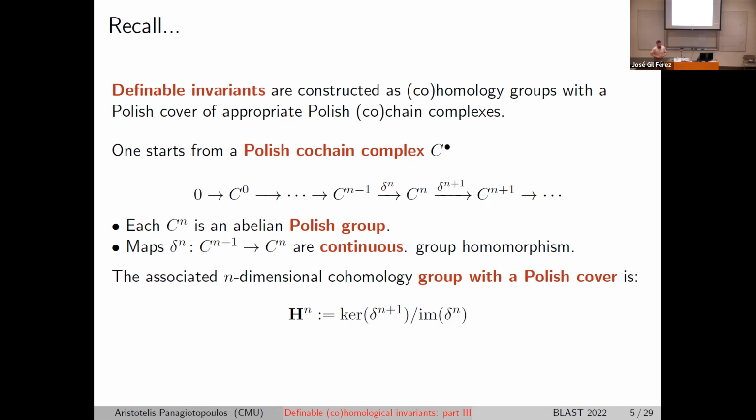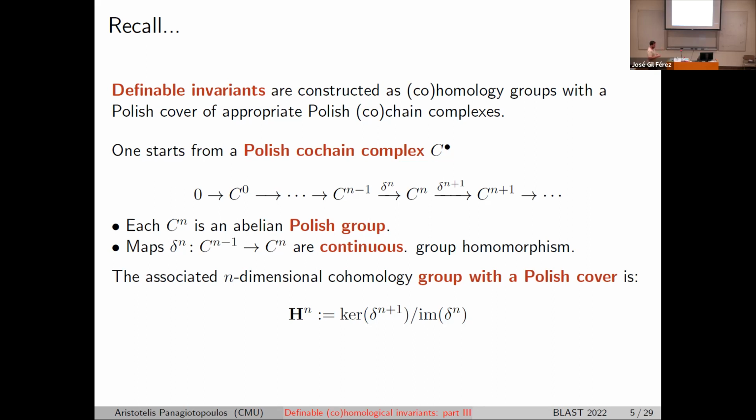But the point is that starting from a collection of objects, the chain and cochain complexes often carry some Polish topology, and I will show some examples today. What is this topology, right? And once you have this Polish topology, then the homology and cohomology groups can be thought of as groups with a Polish cover, and the maps are what we termed definable homomorphisms, right?